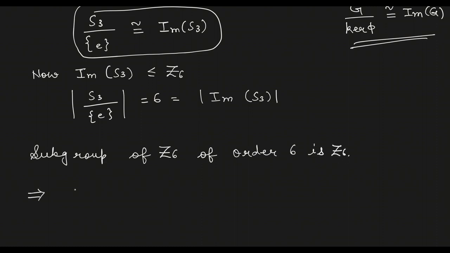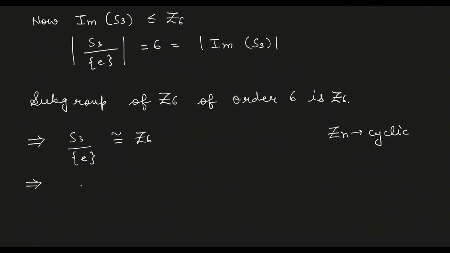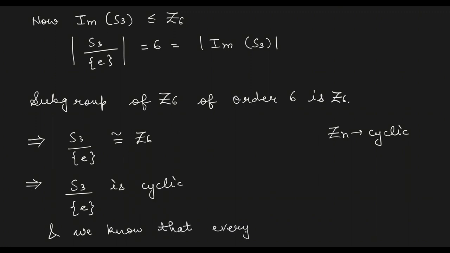This implies that S3 upon identity is isomorphic to Z6, and we know that Zn is cyclic. So as Zn is cyclic, this implies that S3 by identity is cyclic, and we know that every cyclic group is abelian.